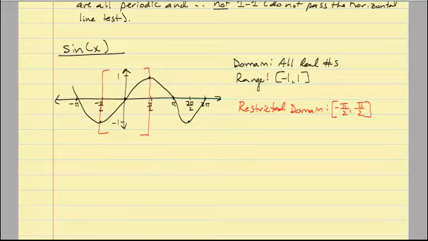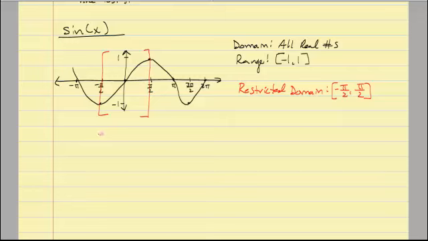Now when we talk about the inverse sine function and the domain and the range swapping, I base it off the restricted domain. Now remember, inverse sine is synonymous with arc sine. You can use either one of these notations, whichever you prefer. And remember, sine inverse of x does not mean 1 over sine of x. Okay? So for the inverse sine function, remember the domain and the range swap.